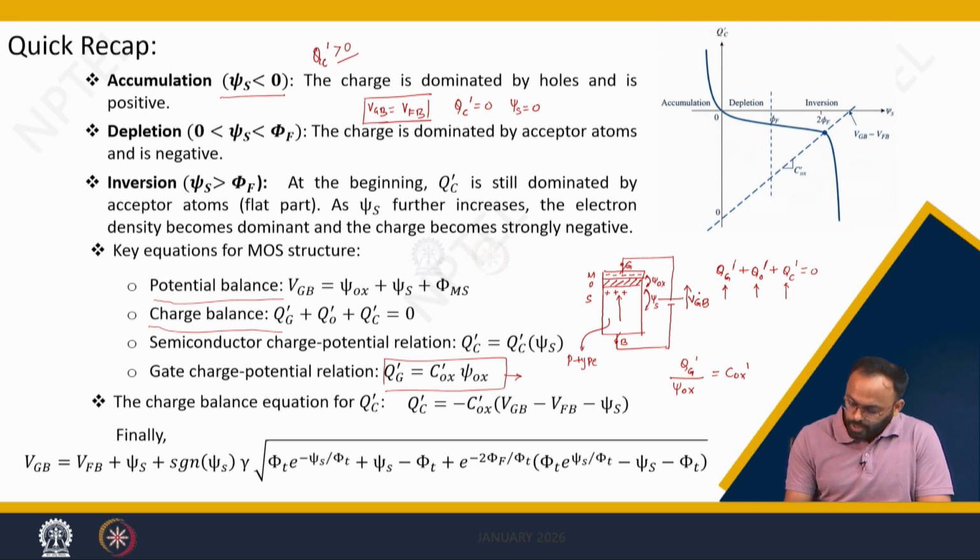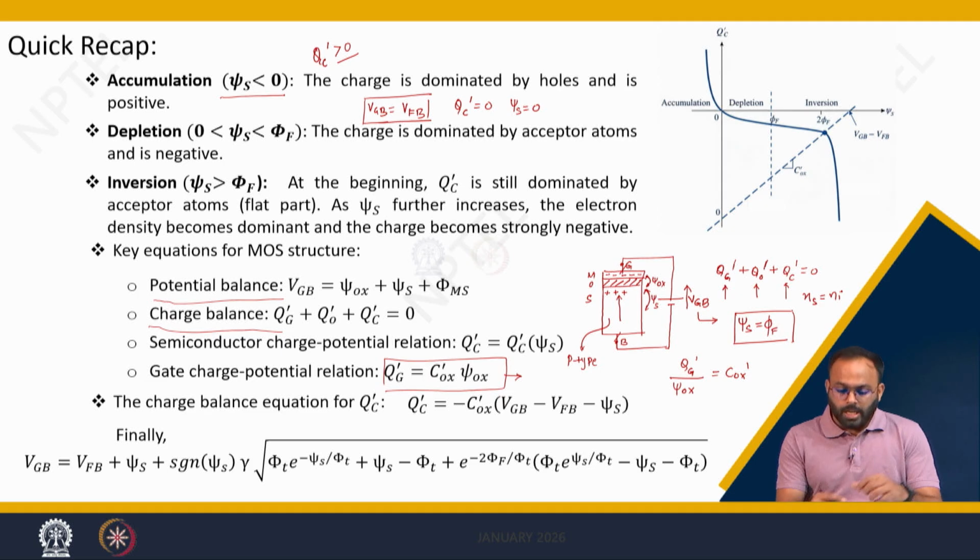Then we said, what will happen if we tune the VGB towards a positive value? The surface potential becomes positive, and when the surface potential reaches the value of phi f, the semiconductor surface charge is exactly equal to Ni.